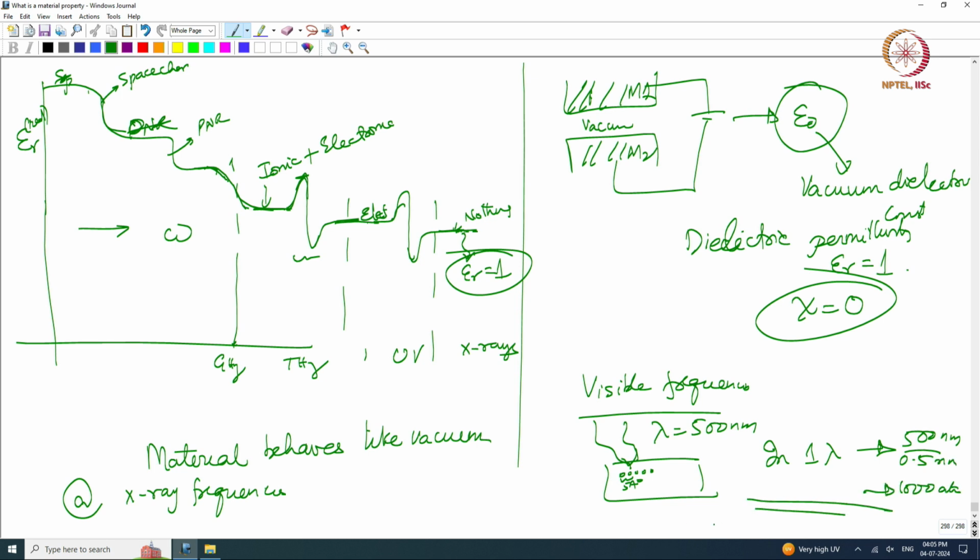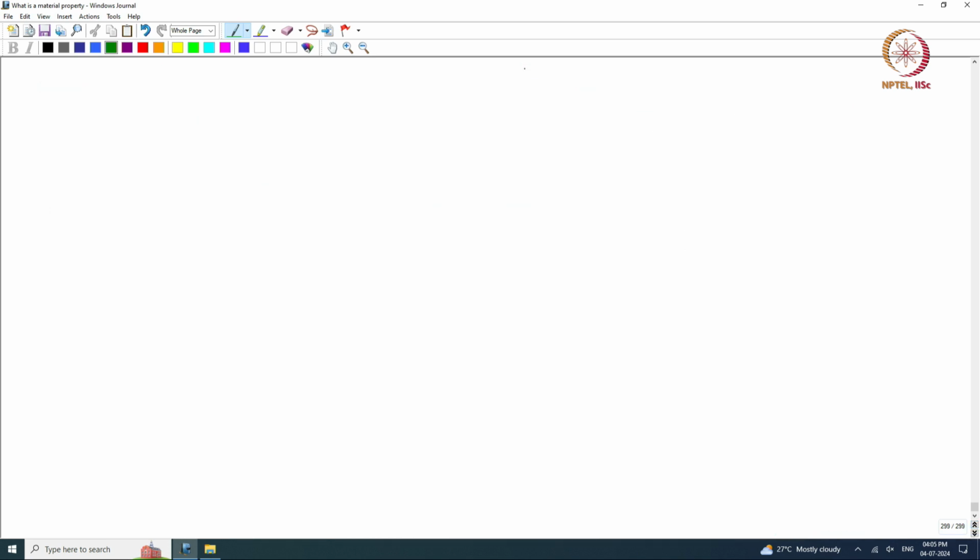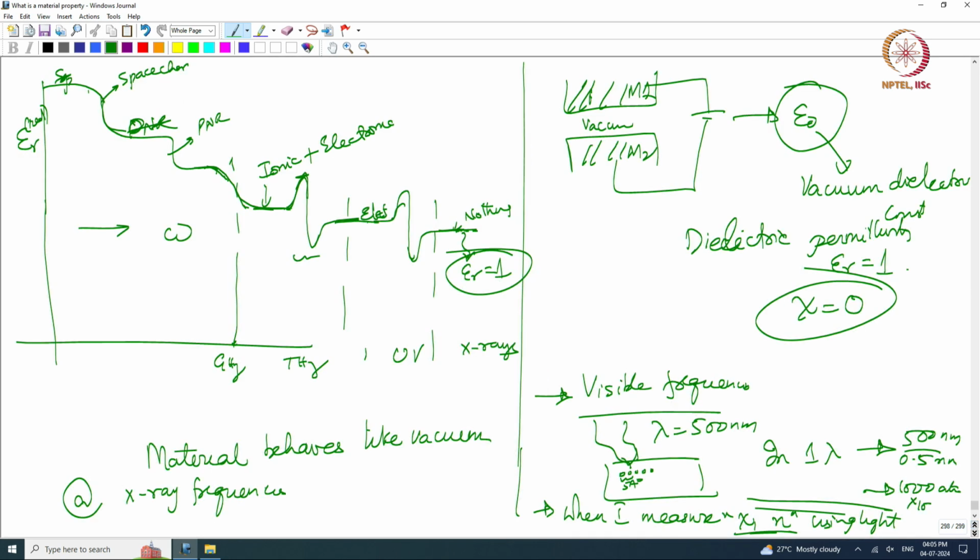So when I measure properties using light, susceptibility, or I measure the refractive index using light, I can average over actually 1000 by 1000 by 1000. So if I take the volume, it is 1000 by 1000 by 1000, right.